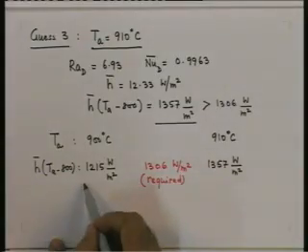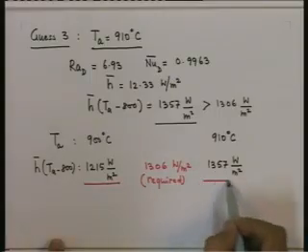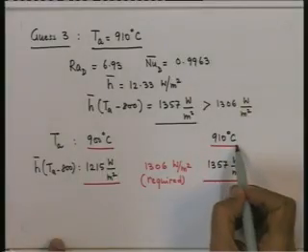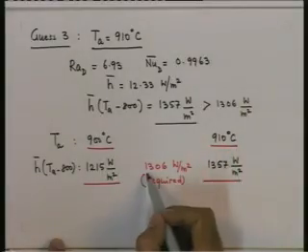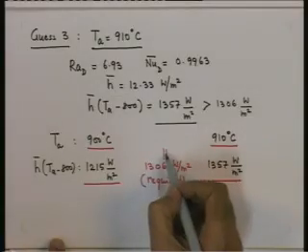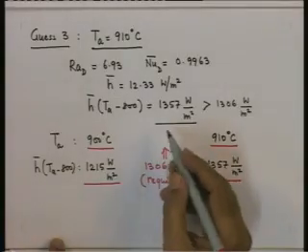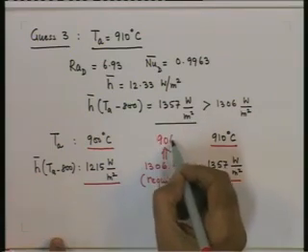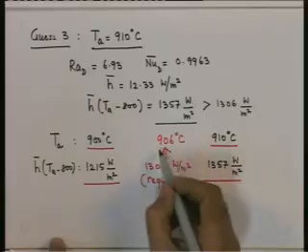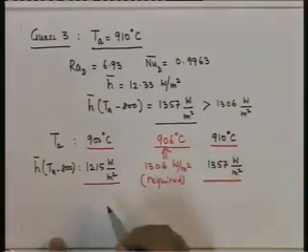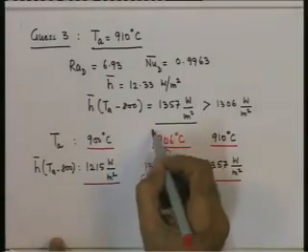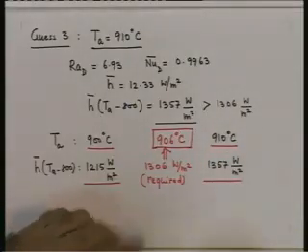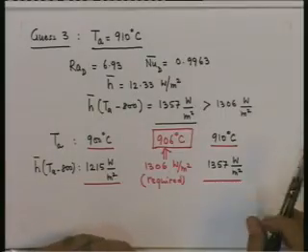So if you interpolate between 1215 and 1357 and 900 and 910 to get this to be 1306 watt per meter squared, you will get this value to be almost exactly 906 degrees Celsius. We can check out again by doing calculation whether this 906 degrees Celsius is good enough for our purpose.